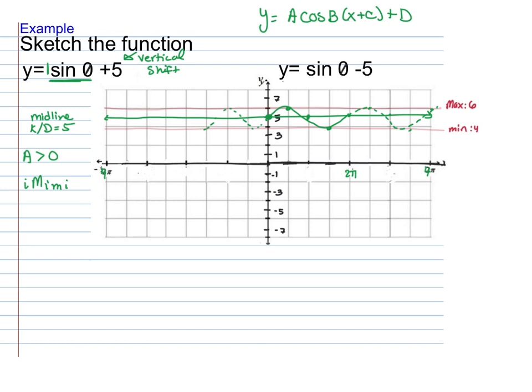For the sine of negative 5, that one means that my midline now is this one right here, which means that now this is my max and this is my min. So for the second equation, we have a max of negative 4 and a min of negative 6, because my midline now is negative 5 and it's going up and down inside of these max and min values or points or whatever you want to call it.